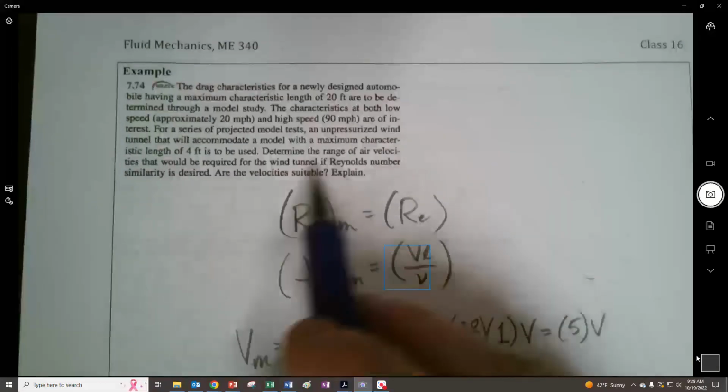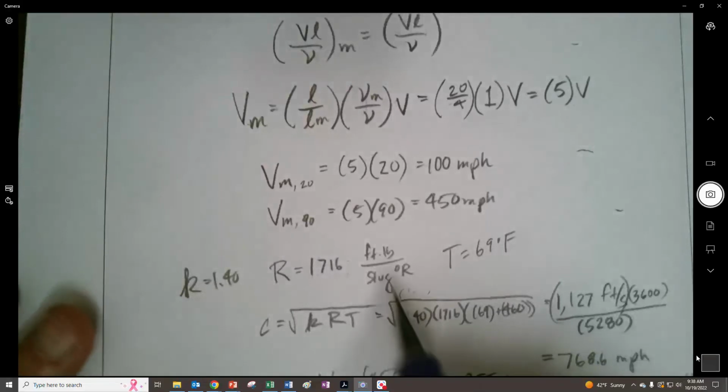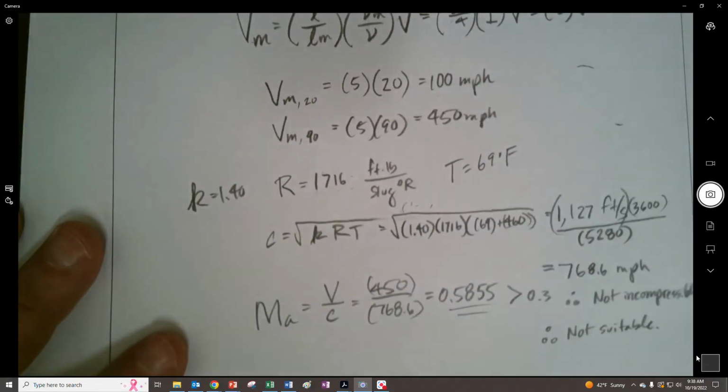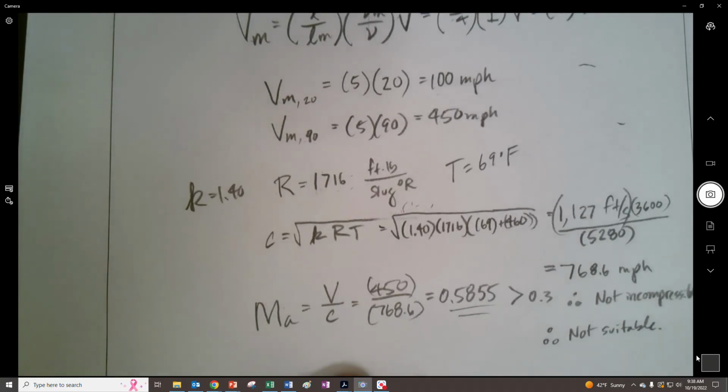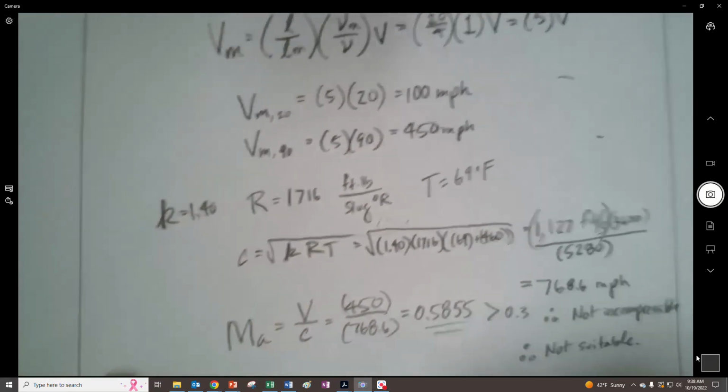And remember, we're asking, are these velocities suitable? Explain. Well, this one's probably fine, right? You could try to test it out. We're looking at 100 divided by the speed of sound, and we already know in our head that that's not going to be a problem, but let's quantify it. And we can see that we're going to get 0.13, right?